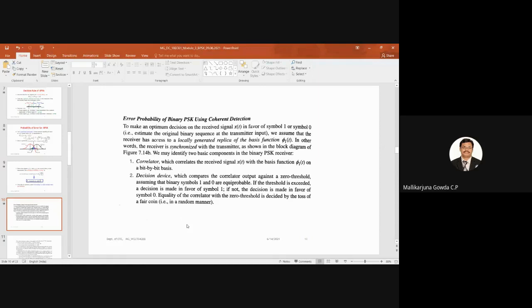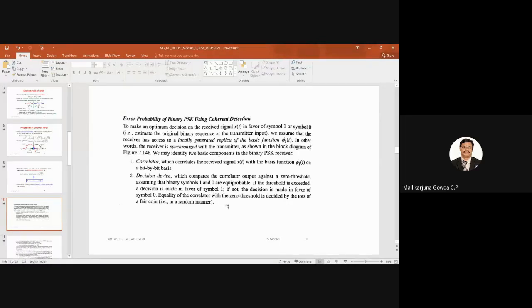So what will the decision device do? It will compare the output of the correlator against the threshold value, and here I said the threshold value is 0, as we have assumed that the binary symbols 1 and 0 are equiprobable. If the value of x1 exceeds the threshold value, then the decision will be made in favor of symbol 1.